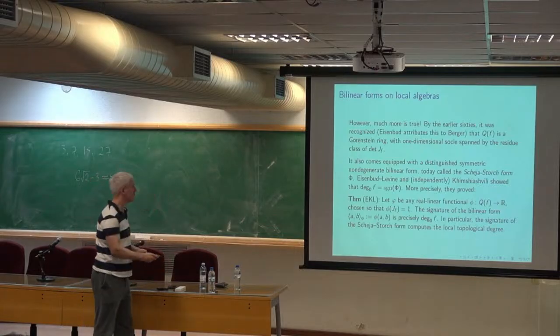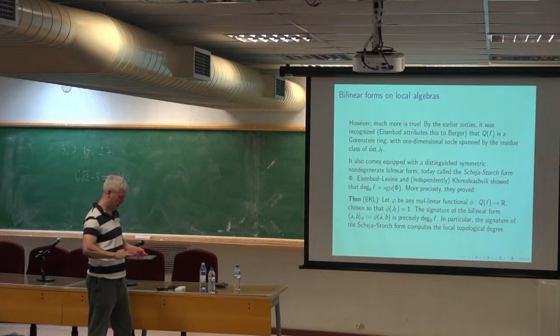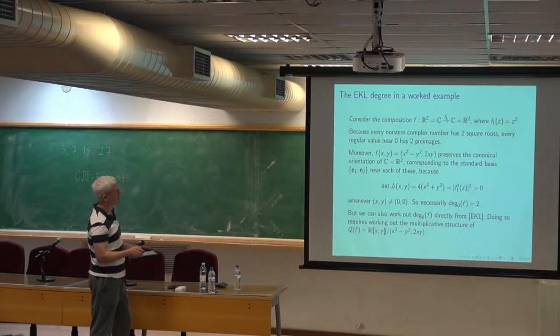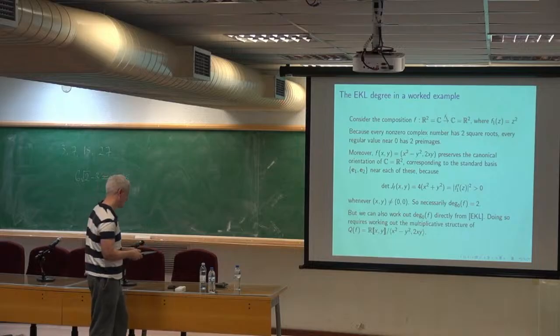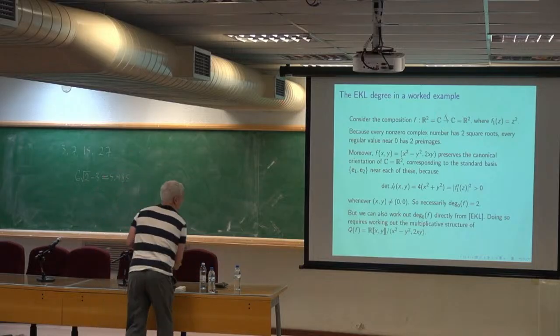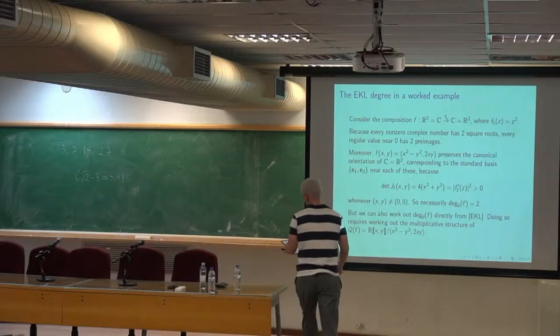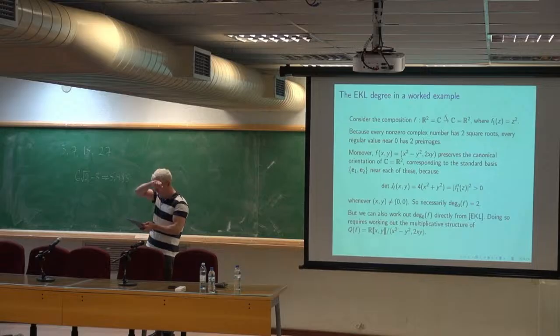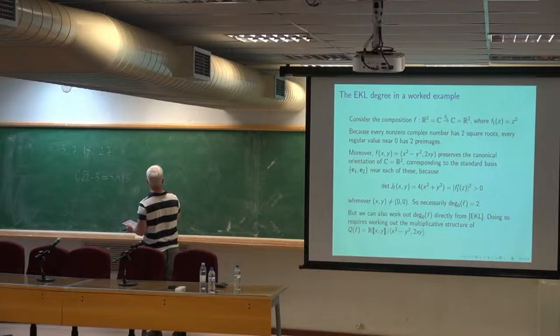So let's see, maybe it's at this stage that I try doing an example. Okay, so let's consider an explicit example now. In this case, I'm identifying R2 with C, and I have this holomorphic map, which is just a ramified cover of the disk.